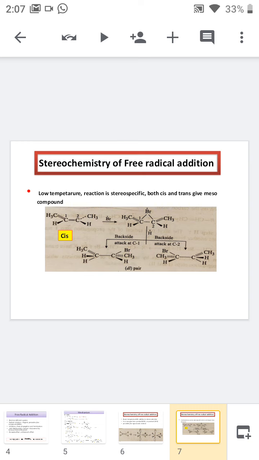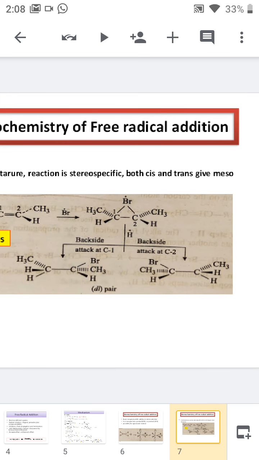If you are adding the bromine radical, we will get a cyclic brominated radical here, and if you are adding the hydrogen radical, we will get two products, but both of them are meso in character. Both the products are the same, so we will get only one product.